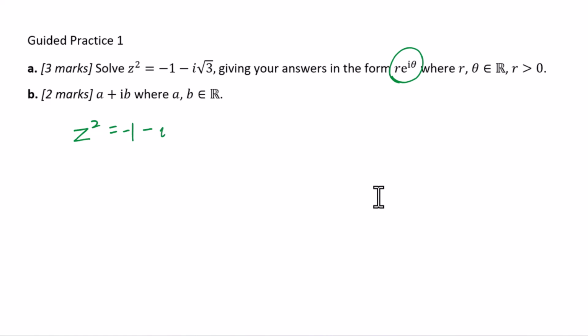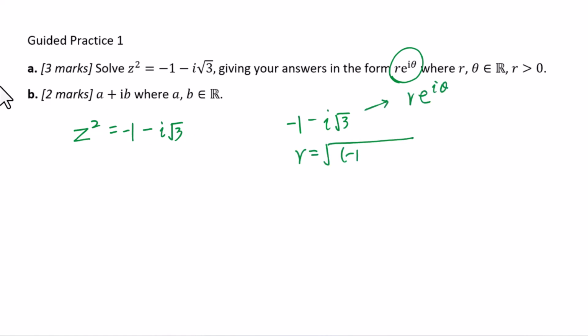First step, we need to change -1 minus i square root of 3 into Euler form. r equals square root of (-1) squared plus square root of 3 squared, which equals 2.